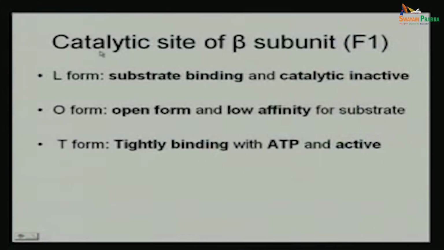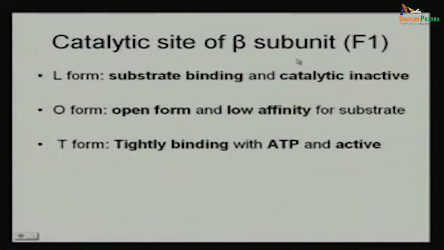Here we see this beta subunit in the F1 portion of the ATP synthase. We can find that it has an L form, an O form and a T form. 3 catalytic sites are there.